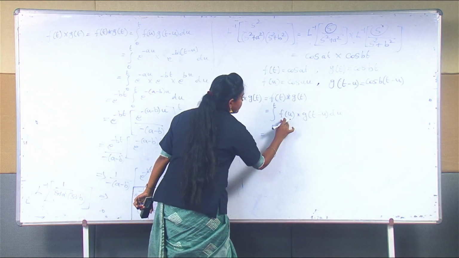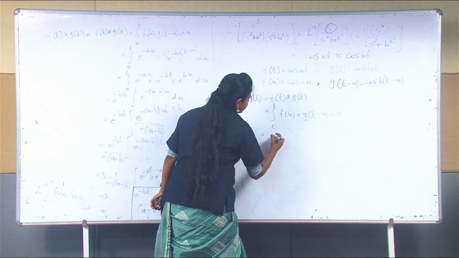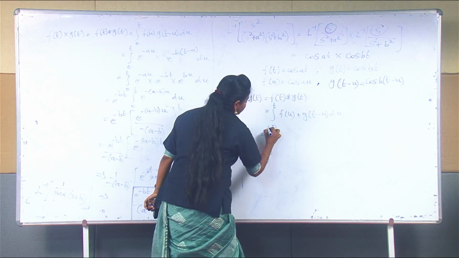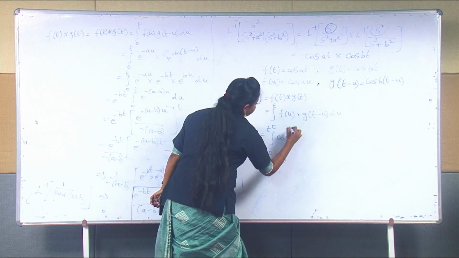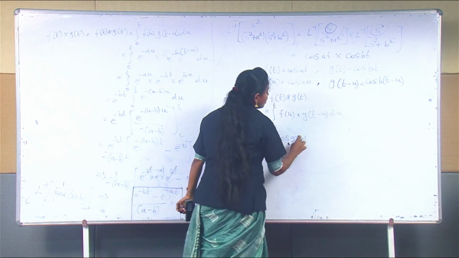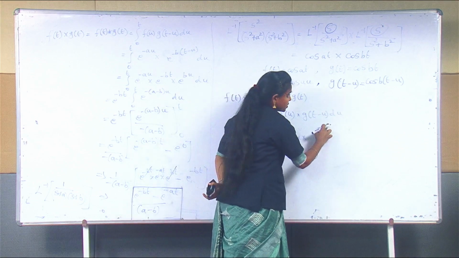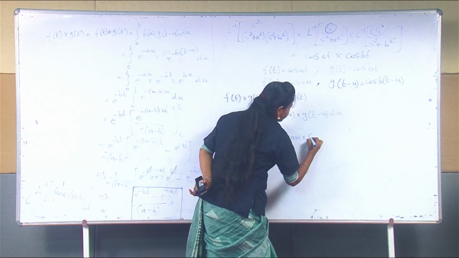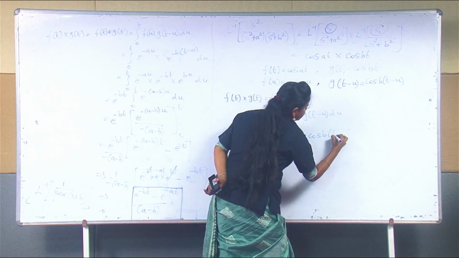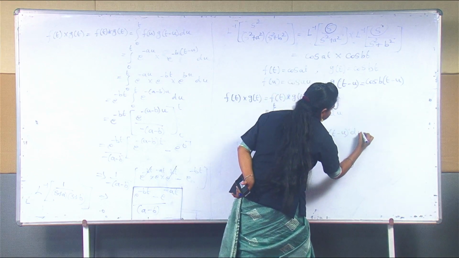What is your f of u? It is cos au. Integration from 0 to t of cos au into, what is your g of t minus u, cos b of t minus u, du.